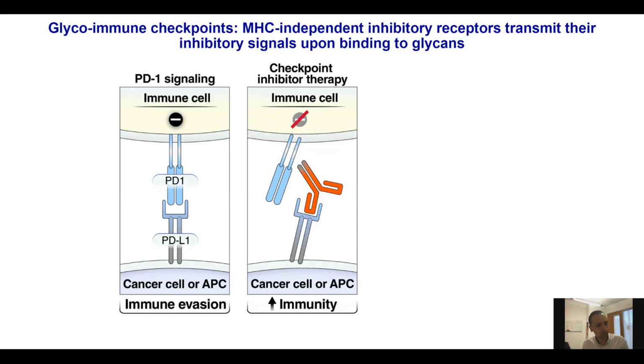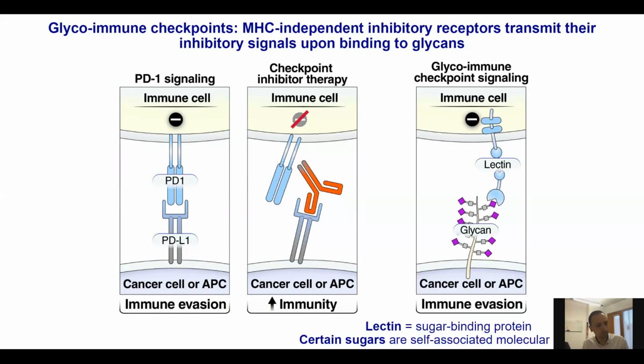That's why this is obviously a promising way to enhance immunity during cancer and other diseases. Now, recently it became clear there is another class of immune negative checkpoints that work by binding to sugars, and that's why they are called glyco-immune negative checkpoints.